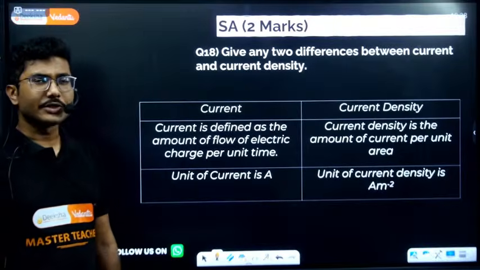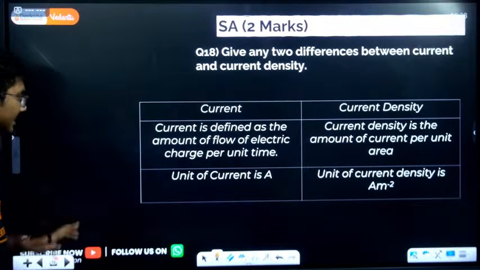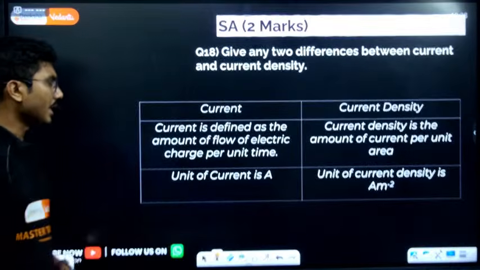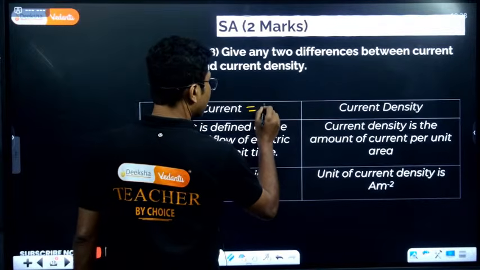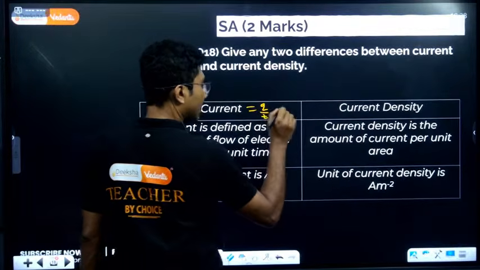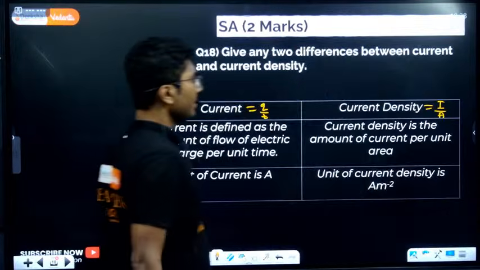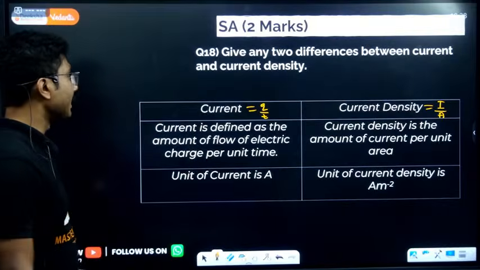This is also a common question, especially for FA-1 and midterm. Easy definition. First point is definition, second point is unit. Remember current is given by charge by time, and current density is current per unit area. If you remember that, your 2 marks are guaranteed.